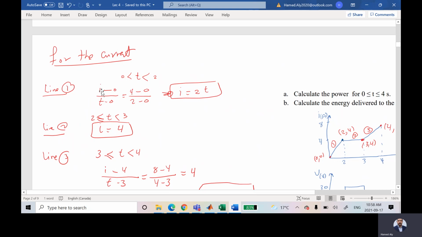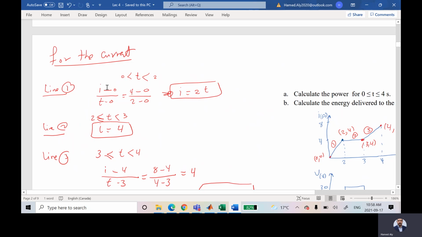So I will say (I minus I1, which is 0), divided by (T minus T1, which is 0), equals (I2, which is 4, minus I1, which is 0), divided by (T2, which is 2, minus T1, which is 0).